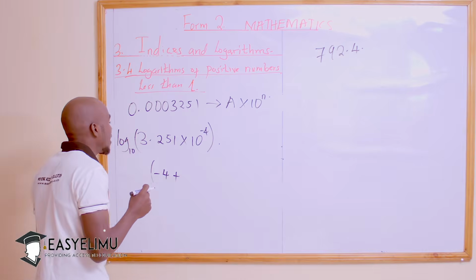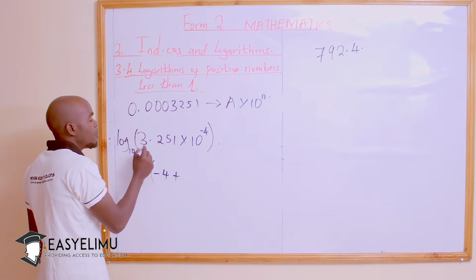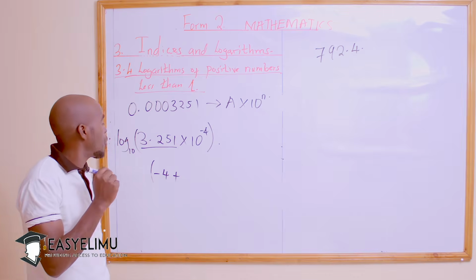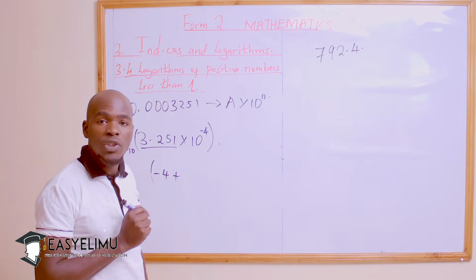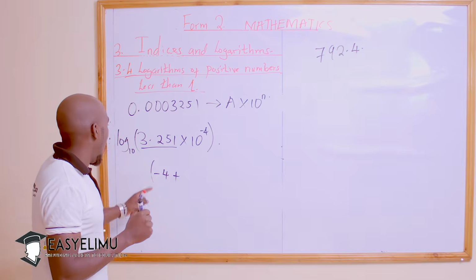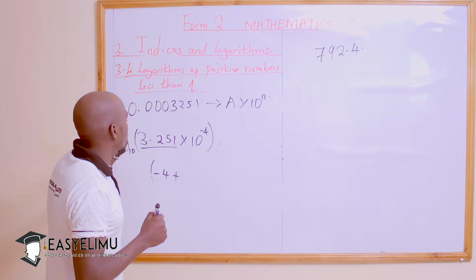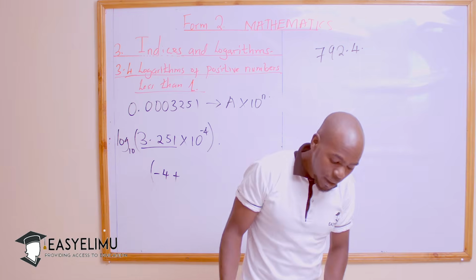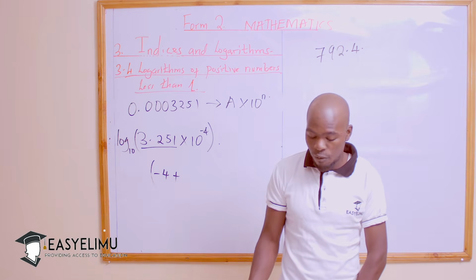The mantissa part here, you will find it with the help of the table, since the logarithm of 3.251 lies between 0 and 1. And to find the logarithm of 3.251, you need a mathematical table to help you find it.